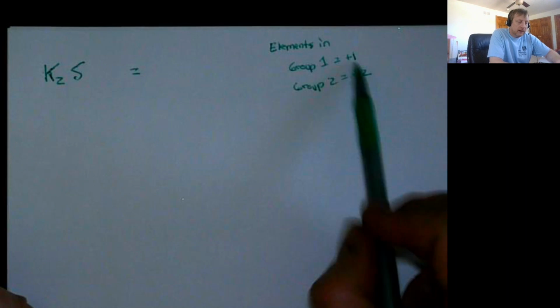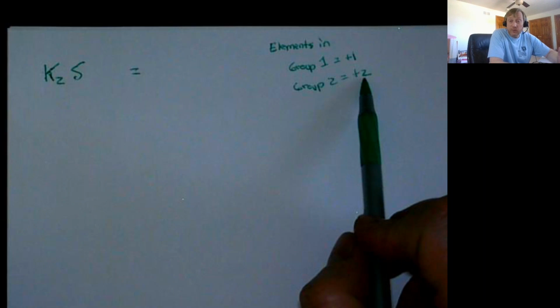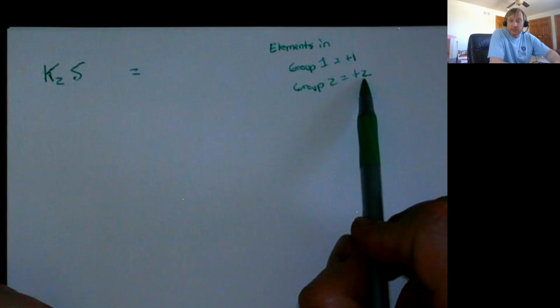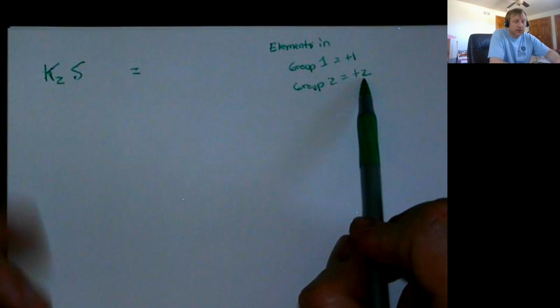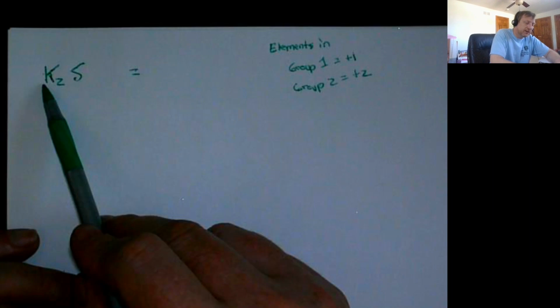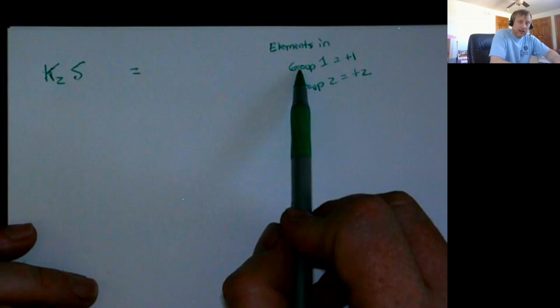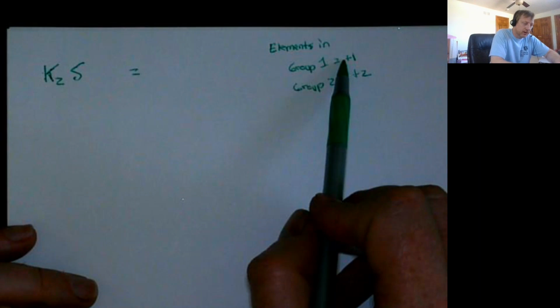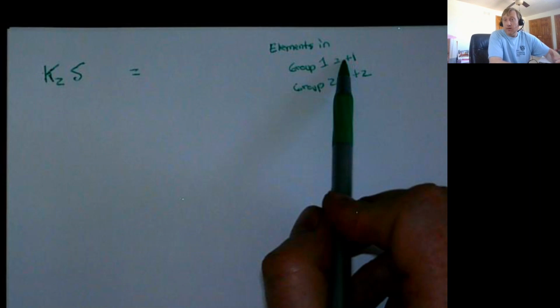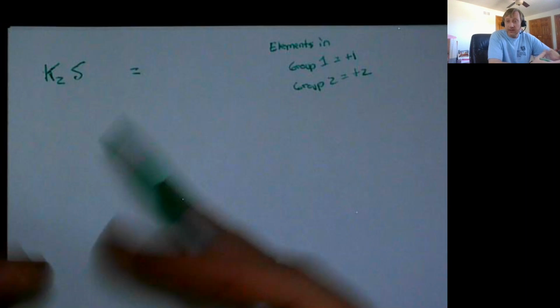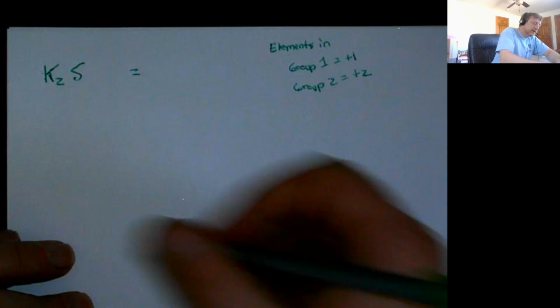And so if we have one of those present in the compound, we always know its charge. They will always be a +1 or a +2, depending on what group they come out of. In this case, potassium is an alkali metal. It's in group 1, so it gets a +1 charge. Therefore, I know the charges on everything except for one element in this compound, and I can solve for them.